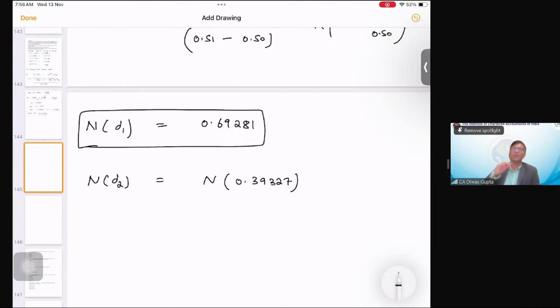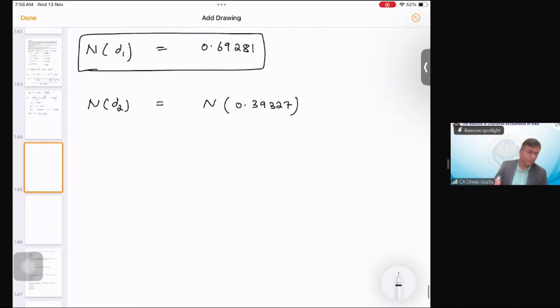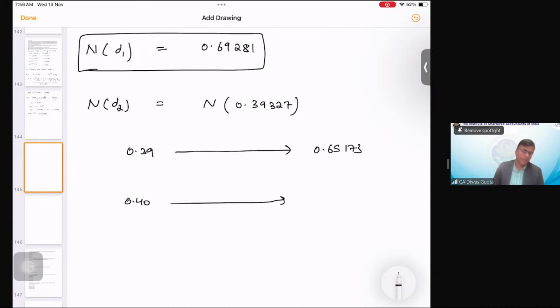For this, we have to take the 0.39 and 0.40 normal distribution values, that we will have to take, which are 0.65173 and 0.65542, using the interpolation technique again.